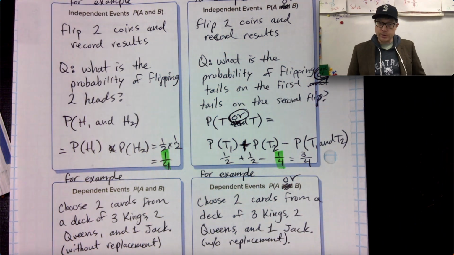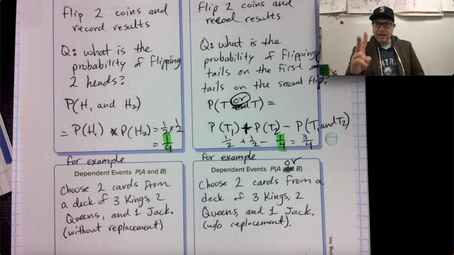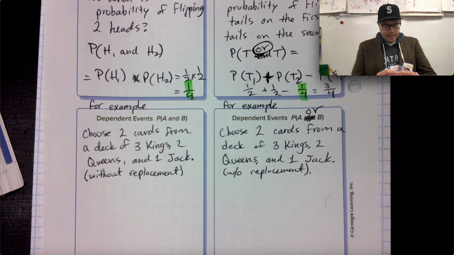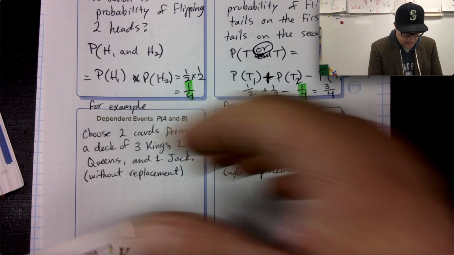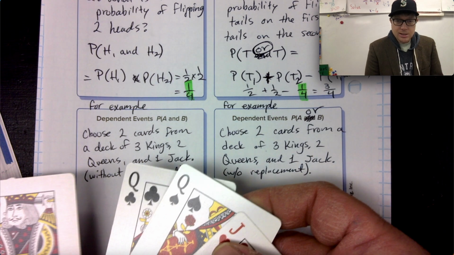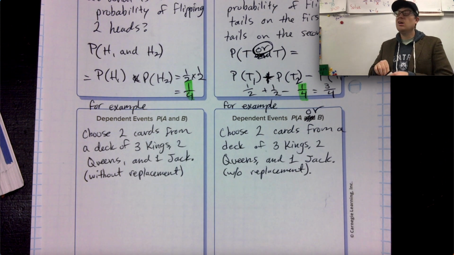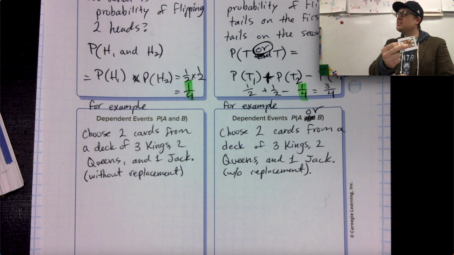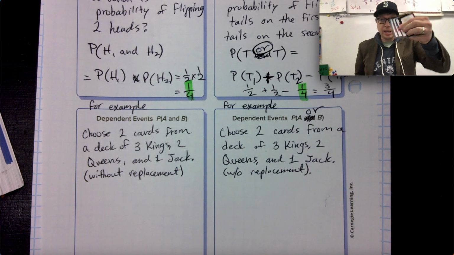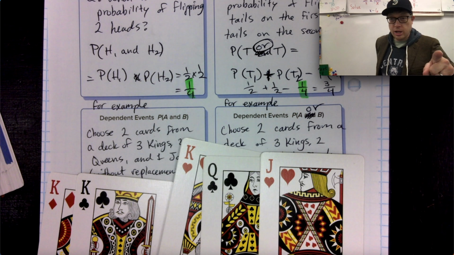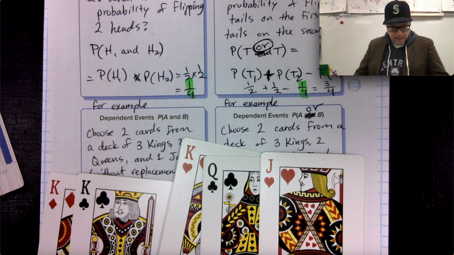Let's talk about cards. Or and probabilities. Choose 2 cards from a deck of 3 kings, 2 queens, and a jack without replacements. So once I take a card away, is this your card? I'm not putting it back in the deck of cards, and now I have 5. Was your card the Queen of Spades?